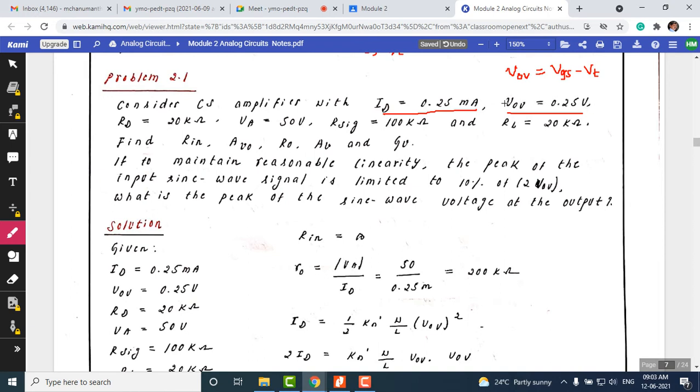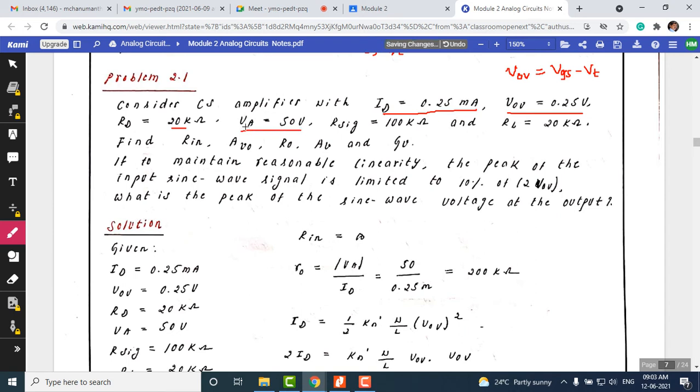That's the overdrive voltage. Let us look at other parameters, like the drain resistance, which is given as 20 kilo ohm. This is also important. VA: what is VA? If you observed, in our analysis there is something called the early effect. So this is the early voltage VA, which is given as 50 volts.